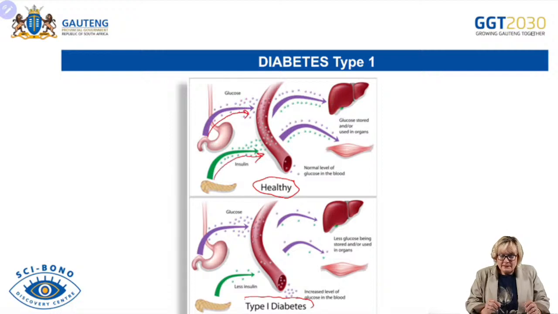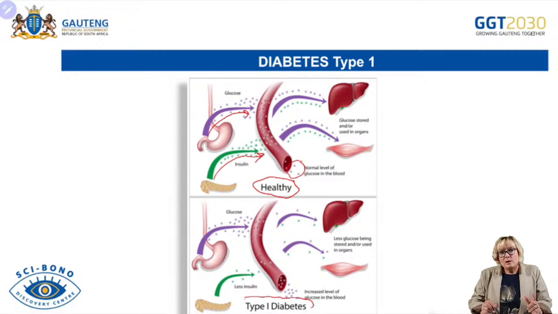So what is happening? Glucose is stored and or used in the organs. So there's enough. Can you see here? There's a normal level of glucose in the blood. Remember, you must have glucose in your blood. It can't be zero. There must be glucose in your blood. Why? Because the cells are busy respirating, and they need that glucose for the process of respiration.